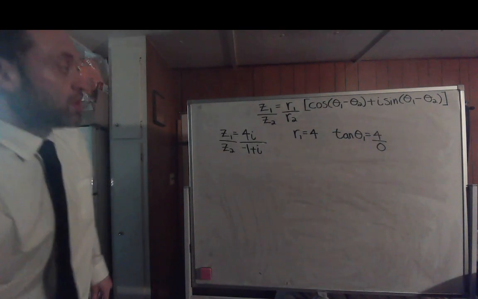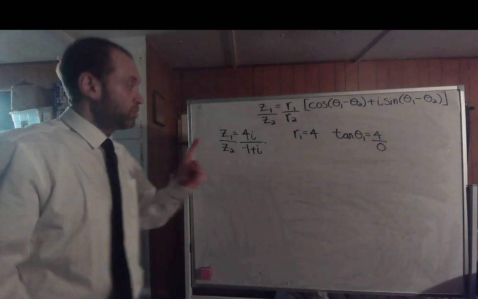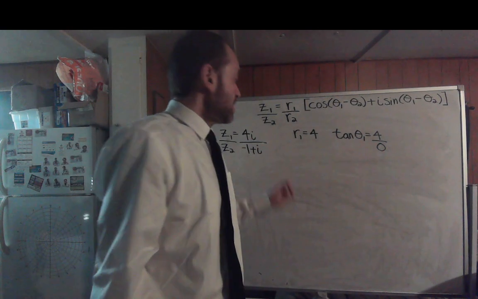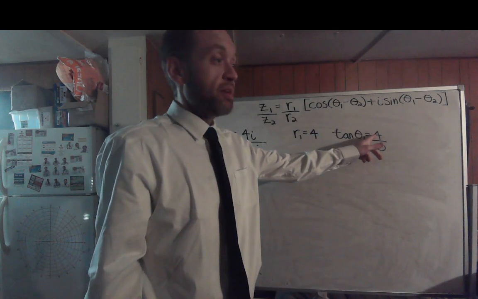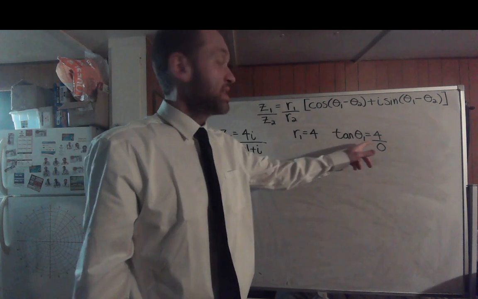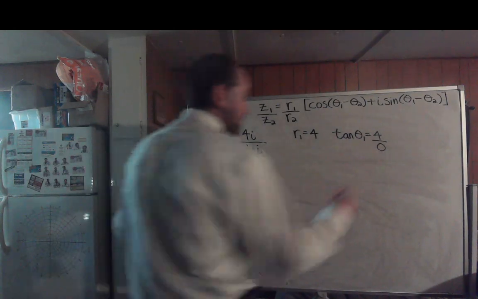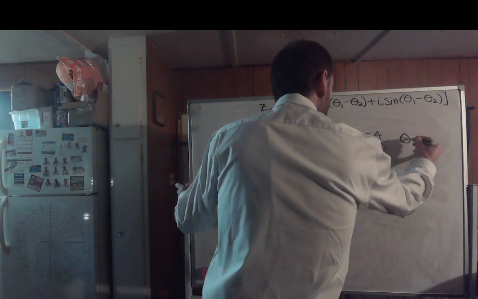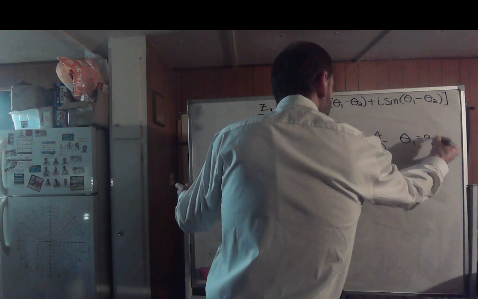However, when you have a positive number divided by 0, that's going to be a 90-degree angle, right? So that means theta sub 1 is actually going to be equal to 90 degrees.